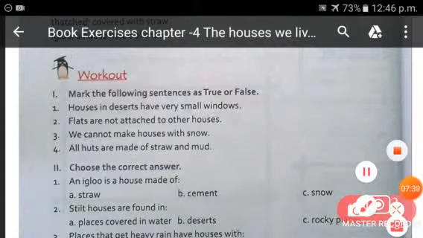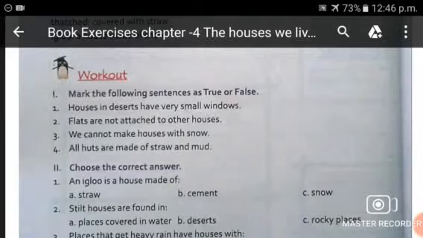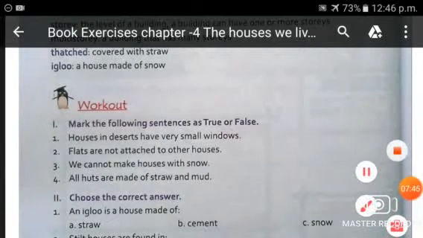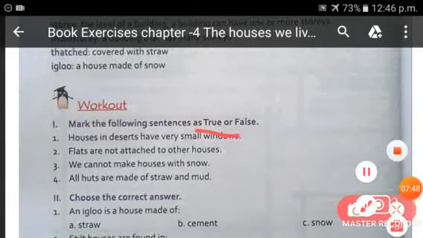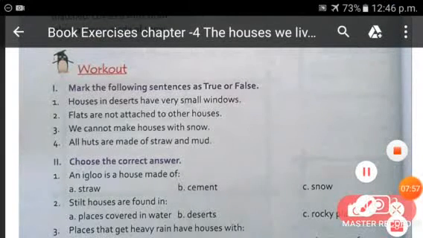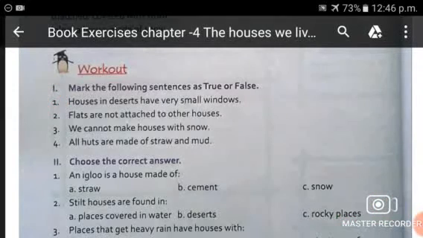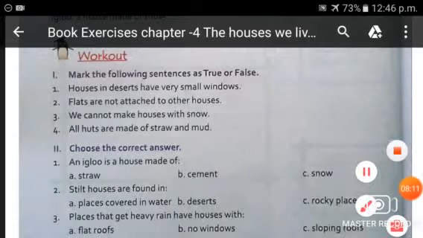The first exercise is: mark the following sentences as true or false. Here you can see four sentences are given in the first exercise, and you have to mark true or false in front of these sentences.